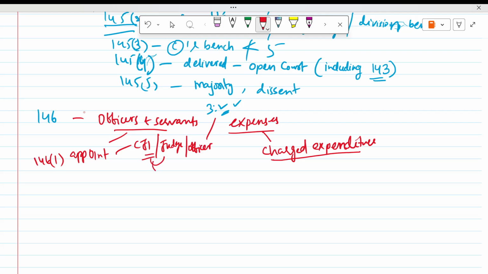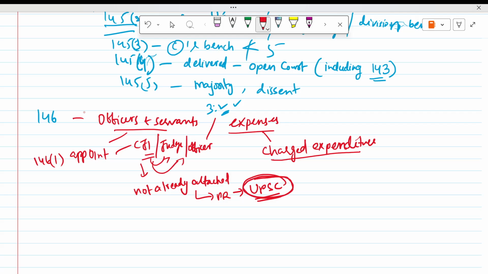However, for someone not already attached to the court or the office of the Supreme Court, the President may by rule require that the CJI consult the UPSC. Then only you have to appoint that person. That is 146.1. 146.2 says conditions of service.